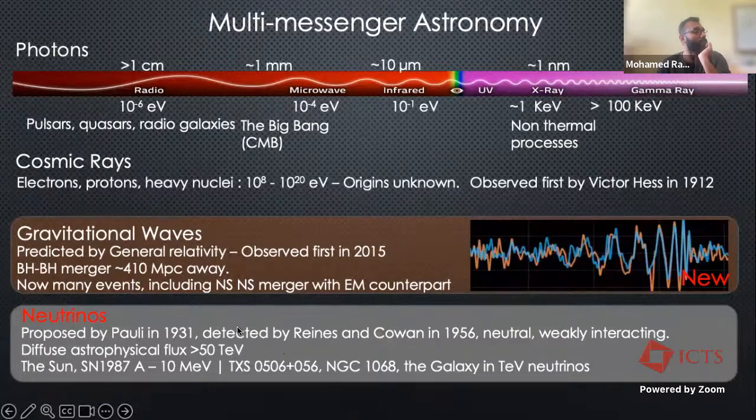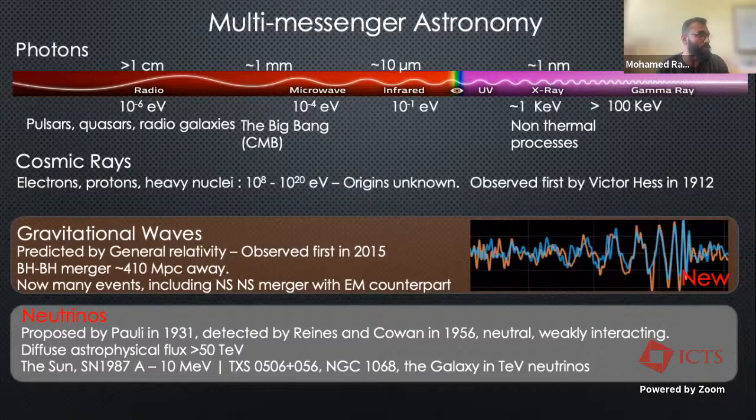Neutrino astronomy was primarily started out by IceCube, an experiment that I have been involved with since 2012 when I began my PhD. IceCube has managed to detect a diffuse flux of astrophysical neutrinos.